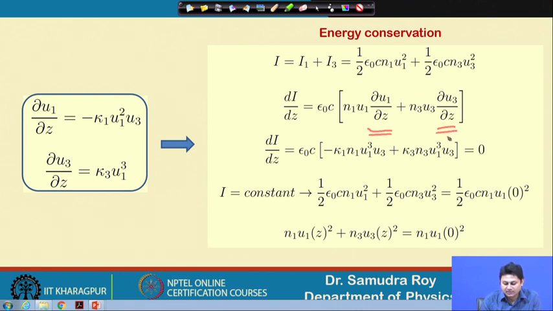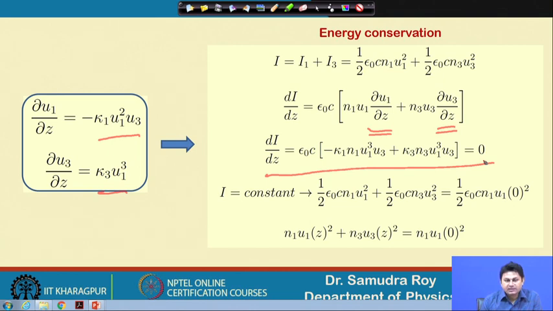Now, for the derivative with respect to z, du1/dz, I can put the value from here. In a similar way, du3/dz, I can put the value from here. Once I put these values in, we will readily see that this quantity will be 0.